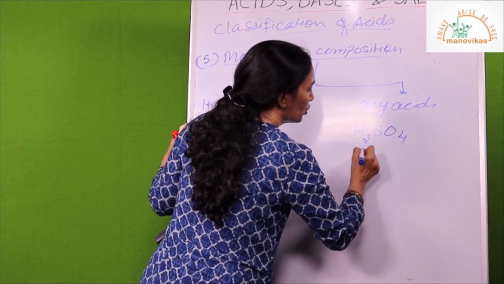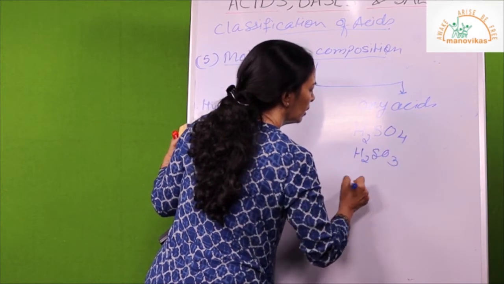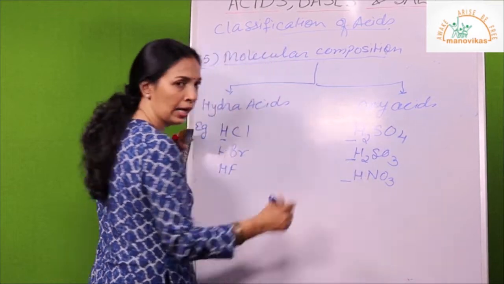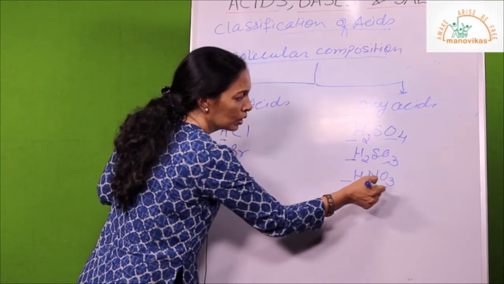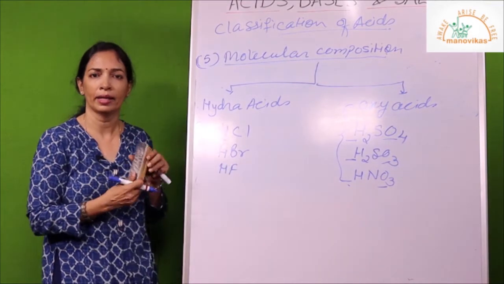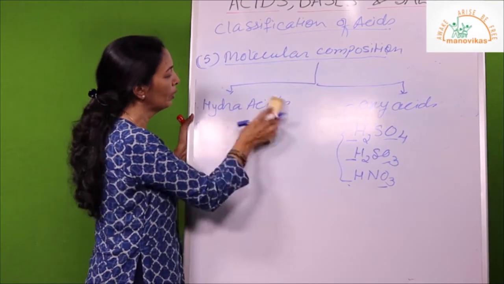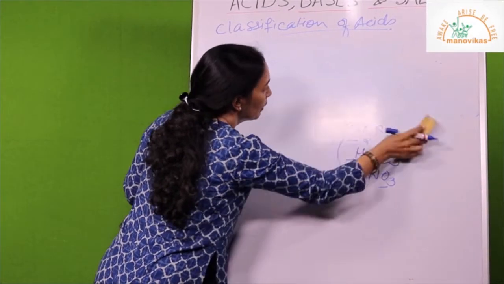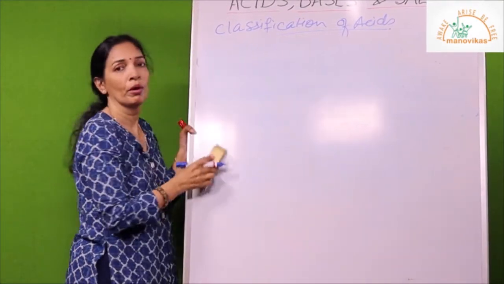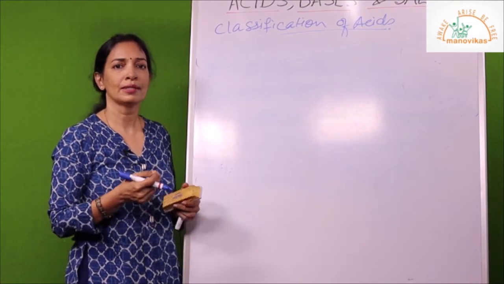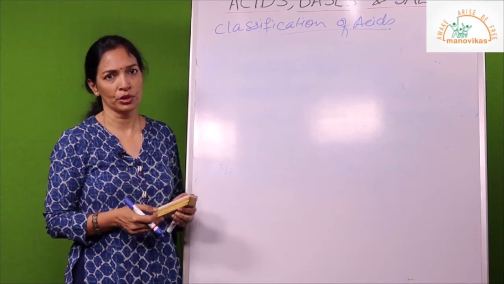H2SO4, H2SO3, HNO3, number of acids. Here along with this hydrogen there is also oxygen, so these are called as oxy acids. So oxy acids and hydra acids. This is all about classification of acids with respect to 5 points: sources, basicity, concentration, strength and molecular composition.